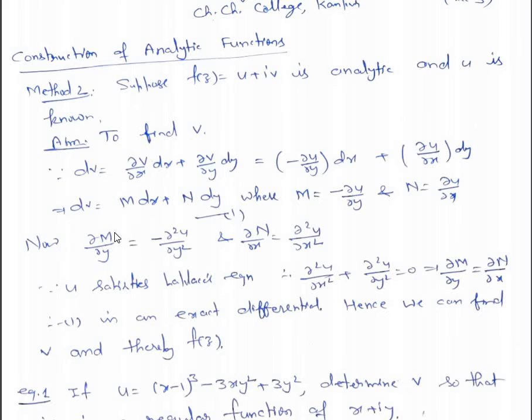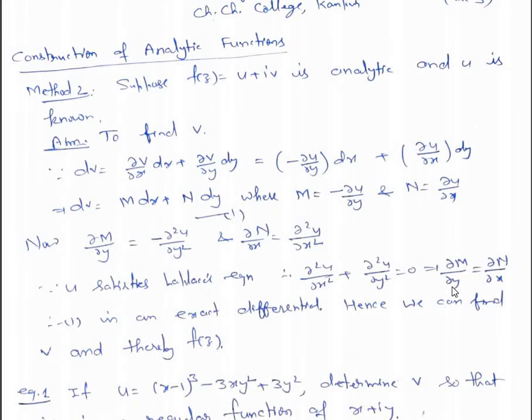Now if we differentiate m with respect to y, we get −∂²u/∂y², and ∂n/∂x is equal to ∂²u/∂x². So therefore u satisfies the Laplace equation ∂²u/∂x² + ∂²u/∂y² = 0.